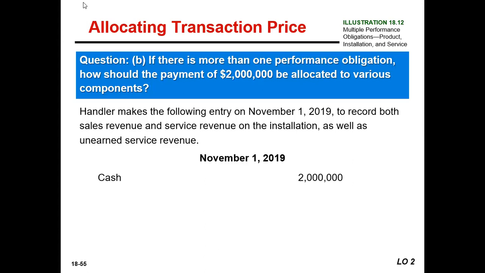So question, if there is more than one performance obligation, how should the payment of 2 million be allocated to various components? Earlier we already calculated it. So debit cash, 2 million. Service revenue installation, 19,324.